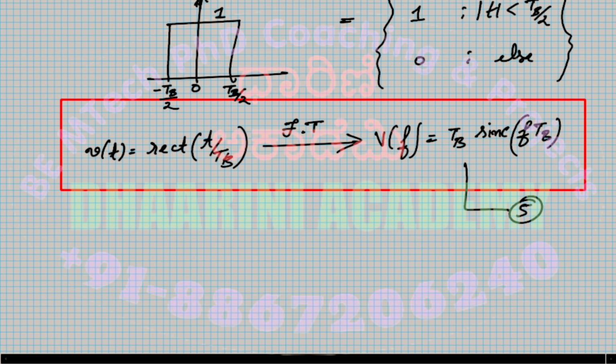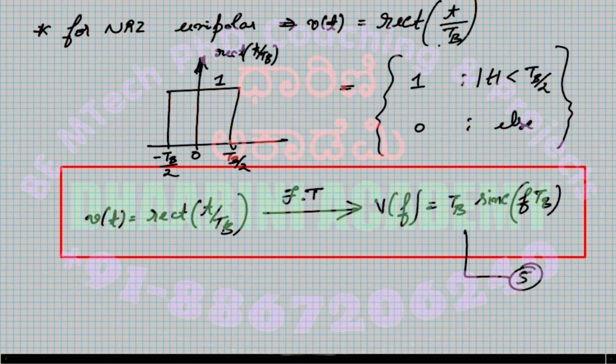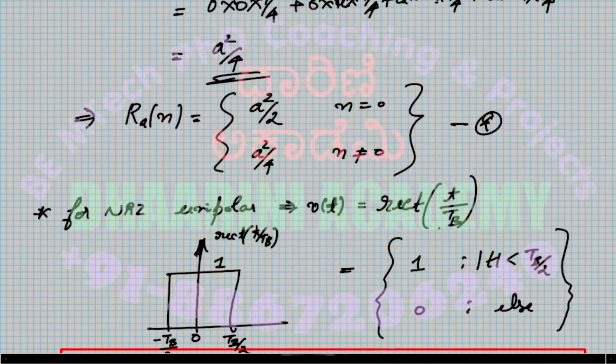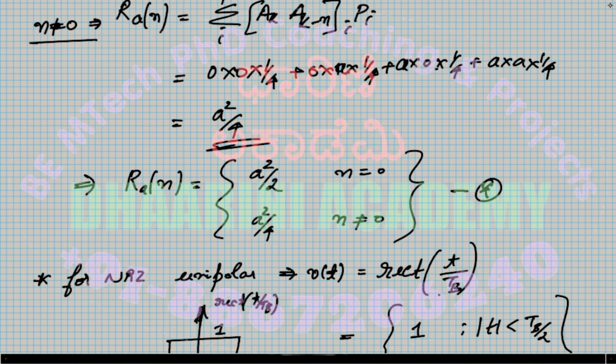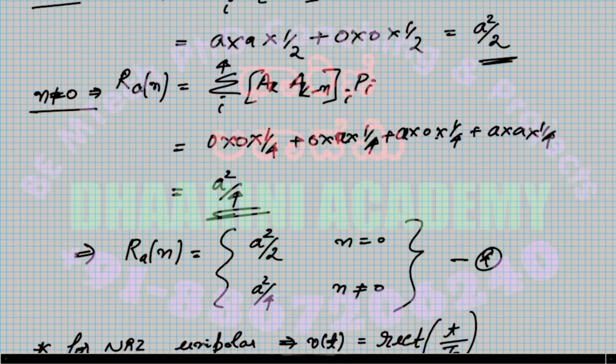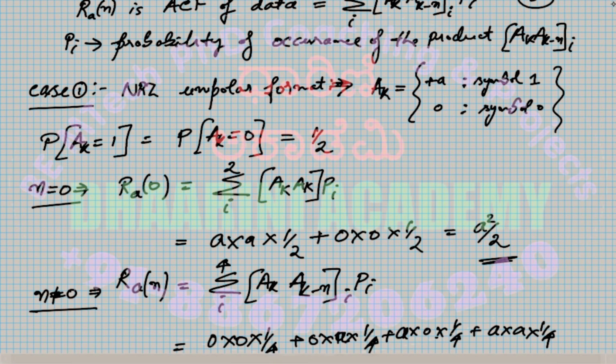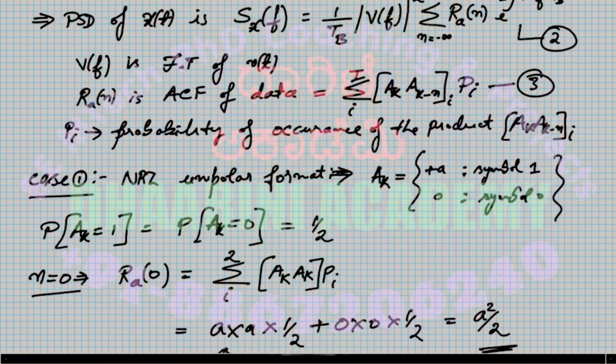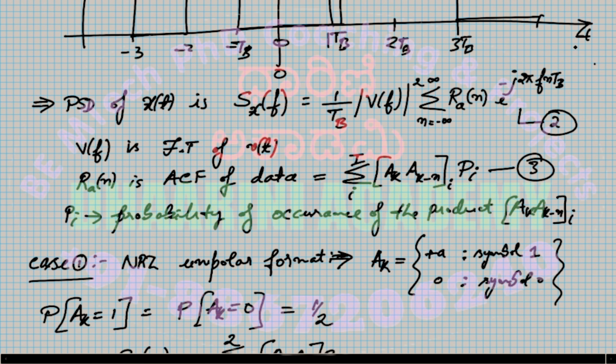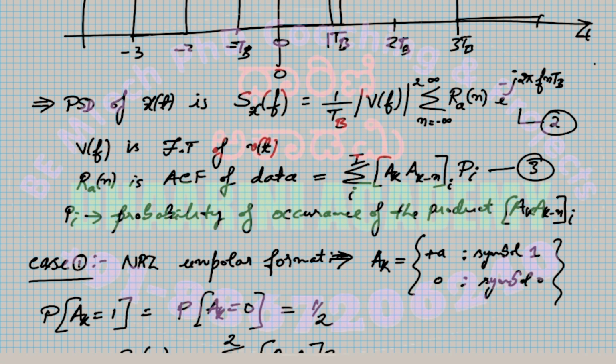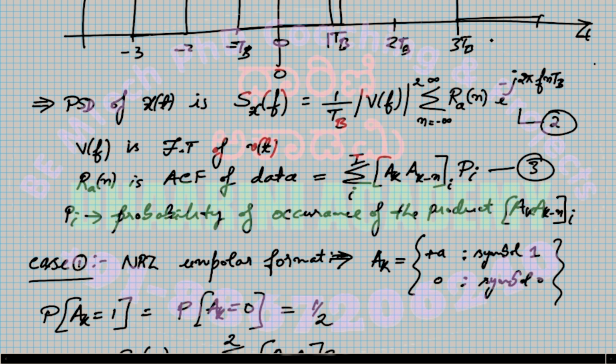Now let me go back. Equation 5 gives you V of f. Equation number 4 gives you Ra of n. I can substitute V of f and Ra of n in equation number 2, because equation number 2 has only two unknowns. 1 by tb, tb is predefined. V of f whole square, I can put V of f here, we just calculated that. Ra of n, we also have that value.